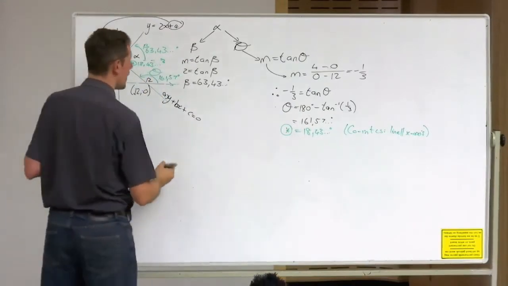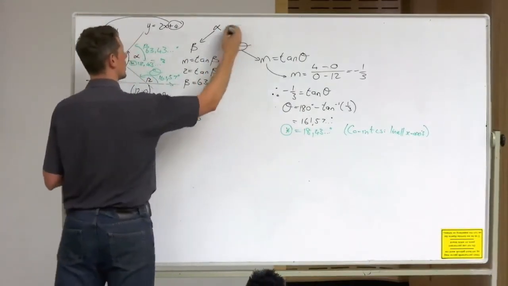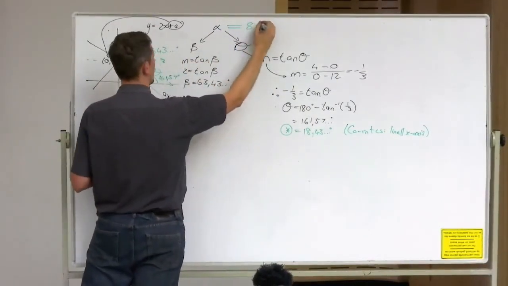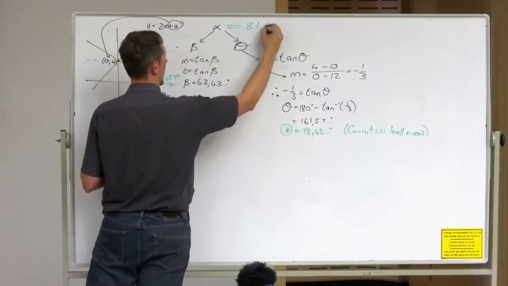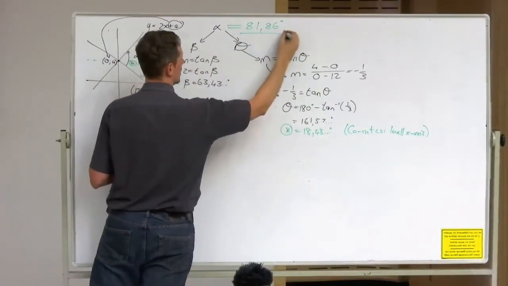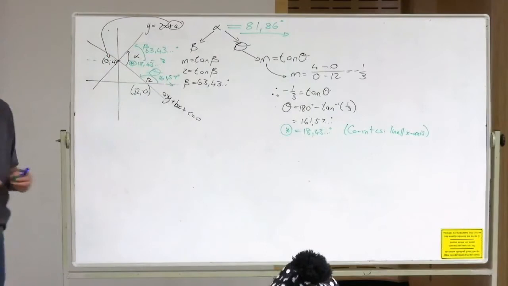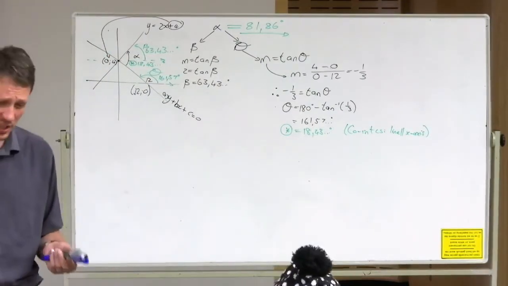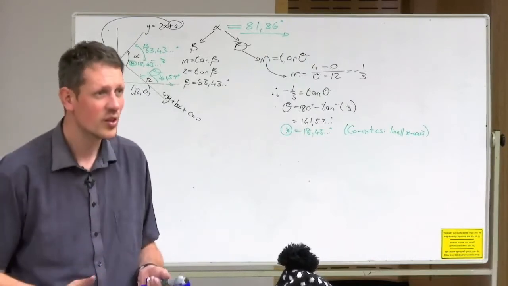So what is the value for alpha? 81,86 degrees. It might be 87. My rounding off might be a bit wonky.